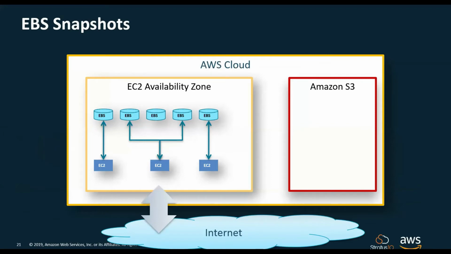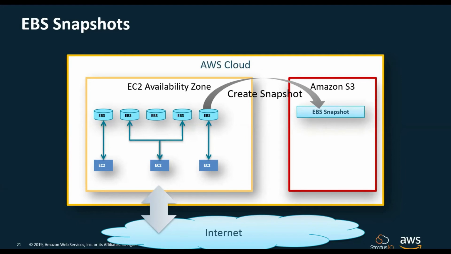We talked about EBS volumes and how one EBS volume can only be attached to one EC2 instance, but you can have one EC2 instance that has multiple EBS volumes attached to it. We also talked about how you can create a snapshot of an EBS volume, and that snapshot is pushed into Amazon S3.